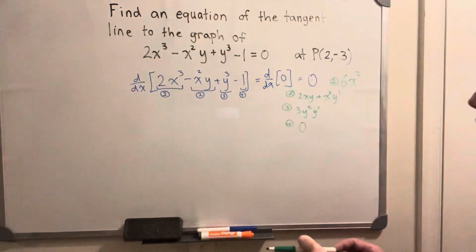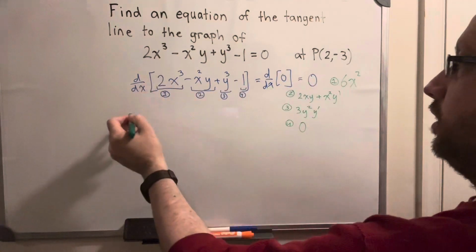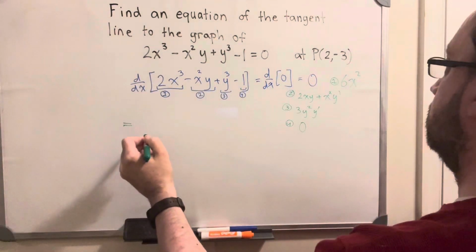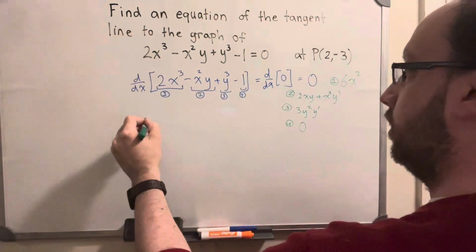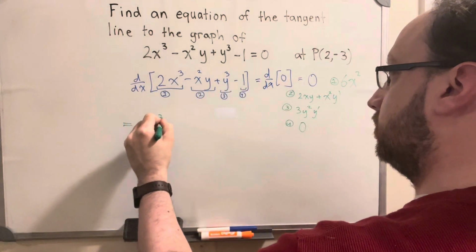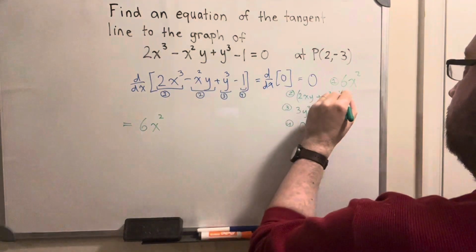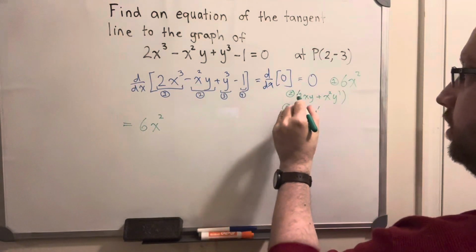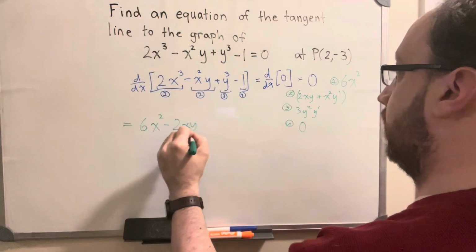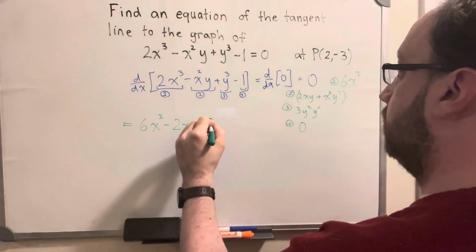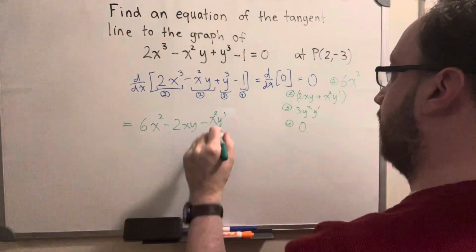Now let's put these together. So this derivative is equal to 6x squared minus this. So imagine this would be minus 2xy minus x squared y prime.